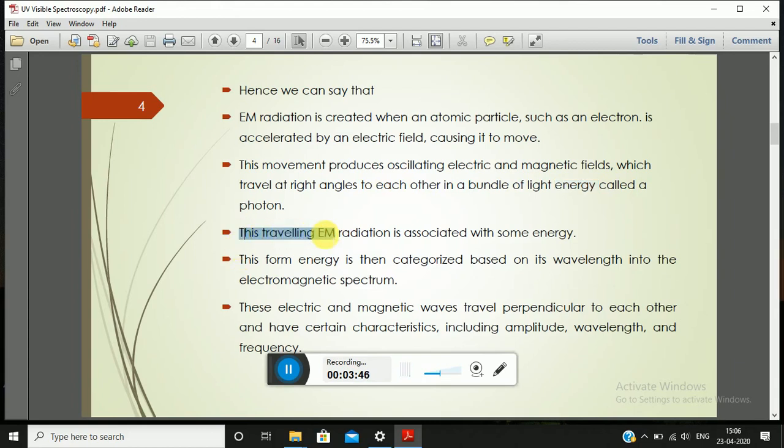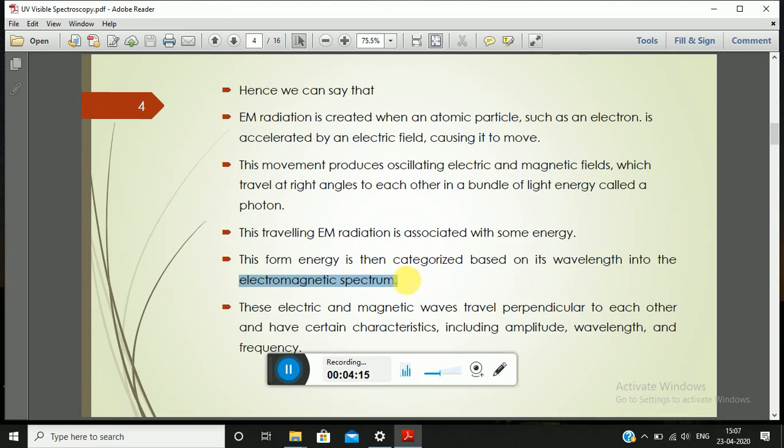This traveling electromagnetic radiation is associated with energy, known as electromagnetic radiation energy. It is classified on the basis of its wavelength into a spectrum known as the electromagnetic spectrum.